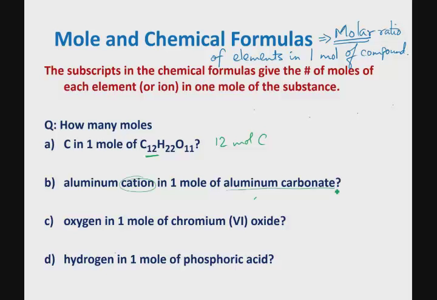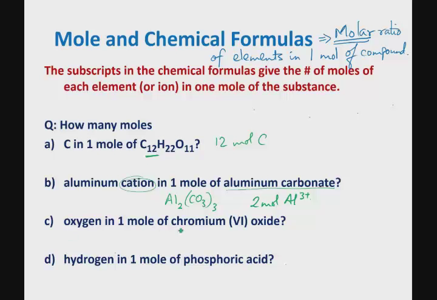What is the correct chemical formula for aluminum carbonate? If you're having difficulty answering this question, you do need to go back and review all the problems and recordings in order to remind yourself how to do that. So the chemical formula of aluminum carbonate, of course, is Al2(CO3)3. Therefore, there will be 2 moles of aluminum 3+ cation in every 1 mole of aluminum carbonate.